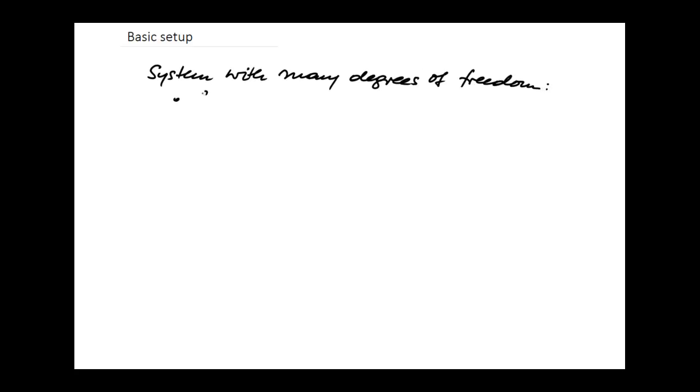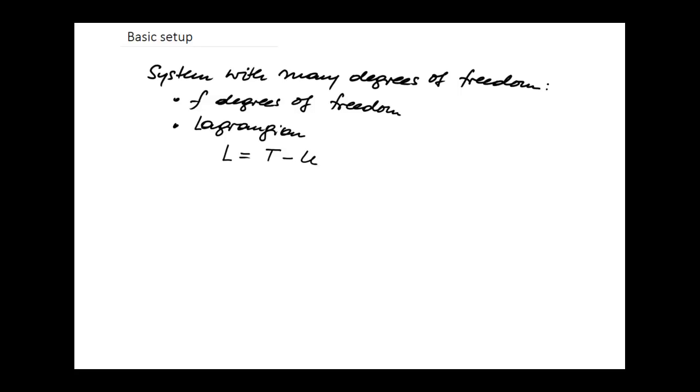So let's say we have f degrees of freedom, and we have a Lagrangian L, which is the kinetic energy minus the potential energy, and we want to assume that the kinetic energy, as is often the case, has the quadratic form 1/2 sum over ij going from 1 to f.